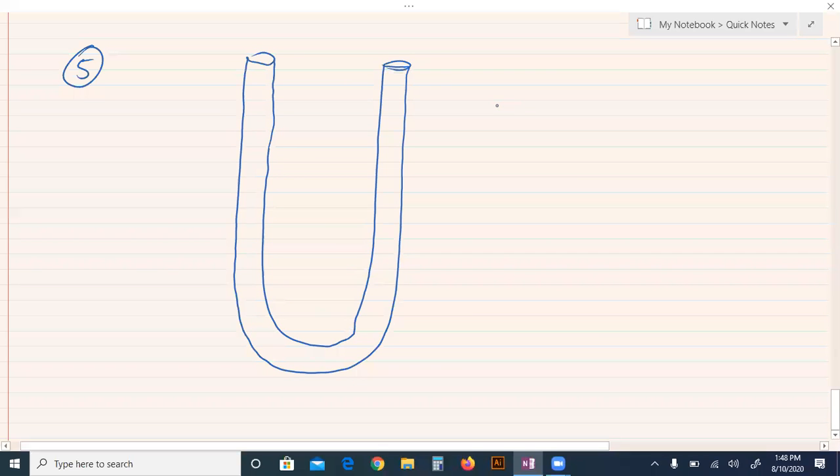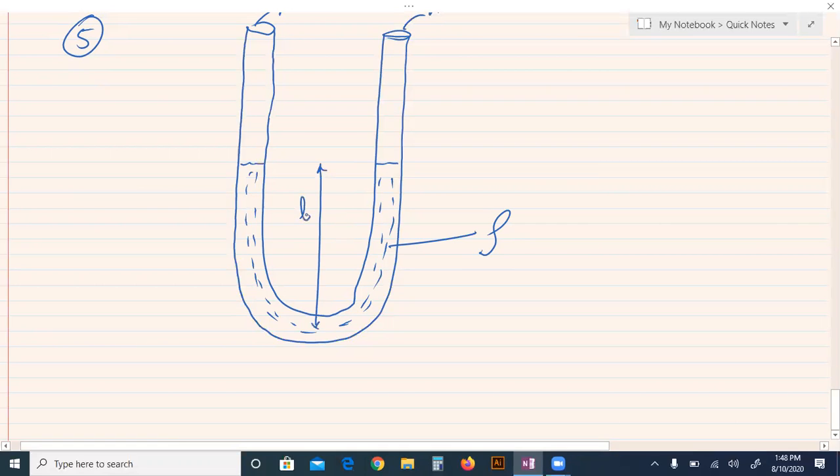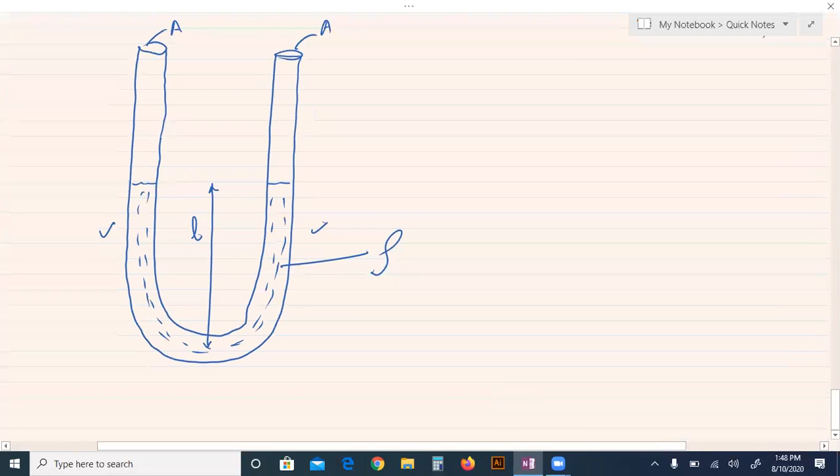Its cross-sectional area is uniform throughout the length, and some liquid is poured into it. So this is the liquid, and the density of the liquid is rho. And the height of the liquid on one side is L. So this side L, this side L. So the total length of the liquid becomes 2L due to two sides of the tube.